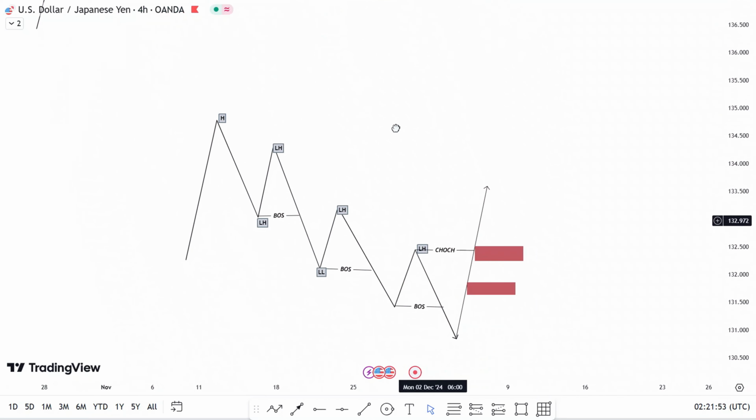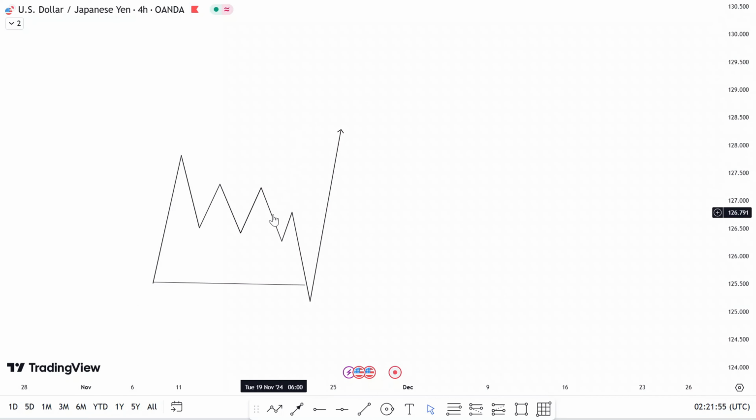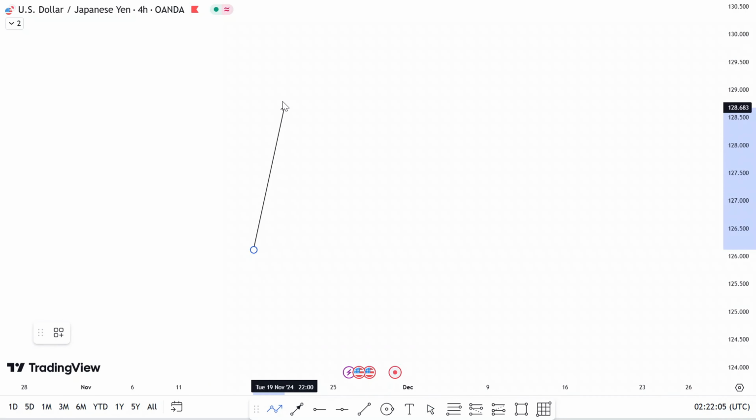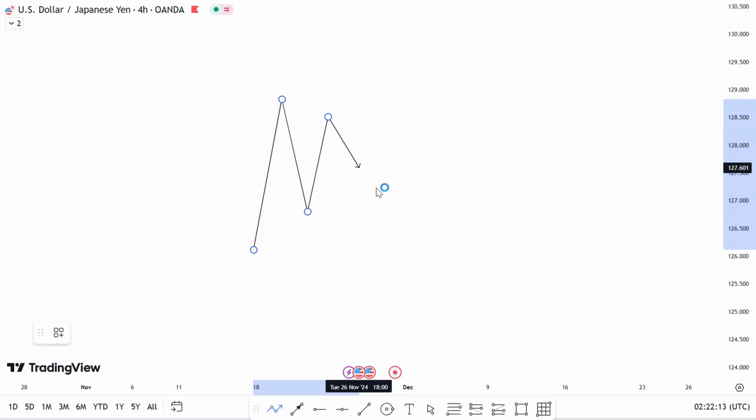Now, understanding what is a support and resistance. A very layman explanation is that support is what keeps the market from falling at a certain point. Resistance is what keeps the market from going up at a certain point.